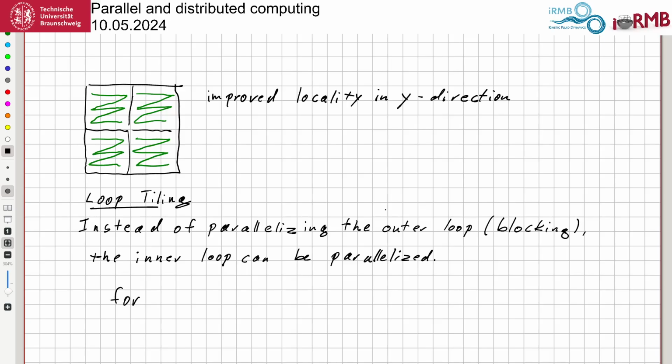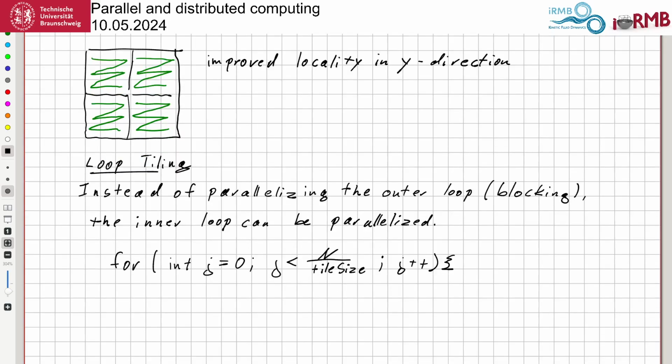Very simple. We do the usual for loop, now starting from 0. j is smaller than n divided by the tile size, so this is the number of elements in a tile. Count this up. Here's the loop. And then we do the parallel loop inside the other loop.